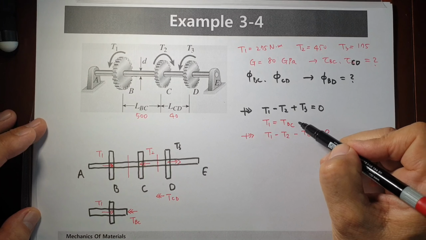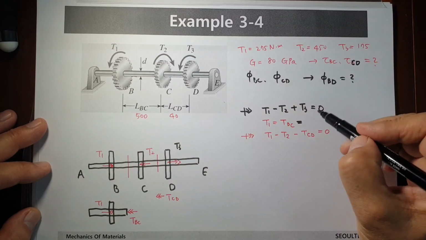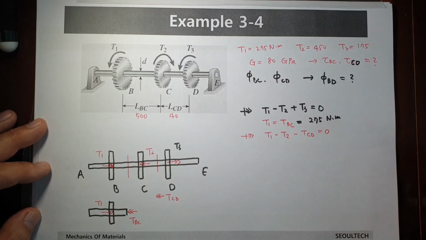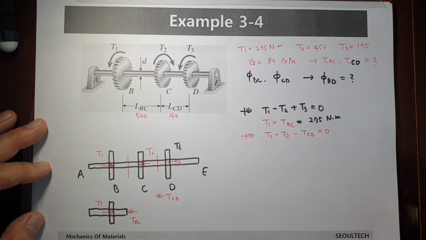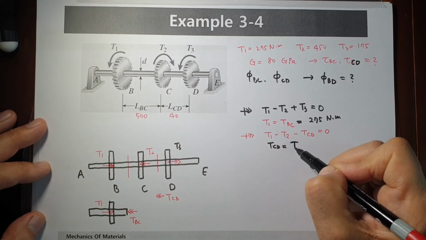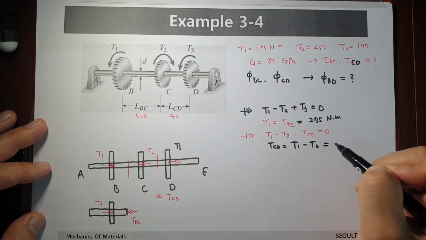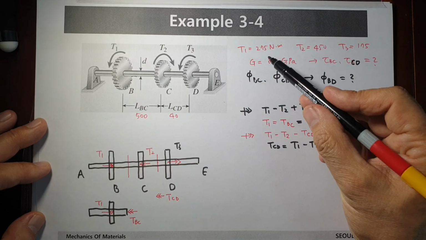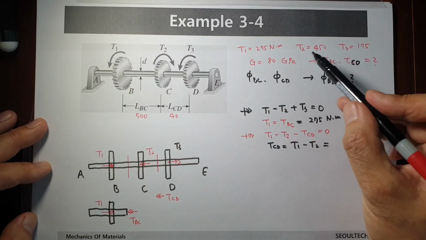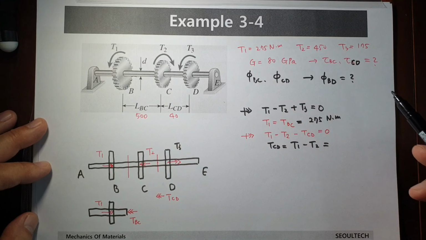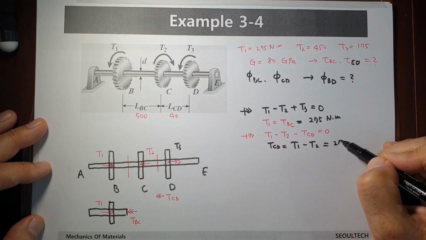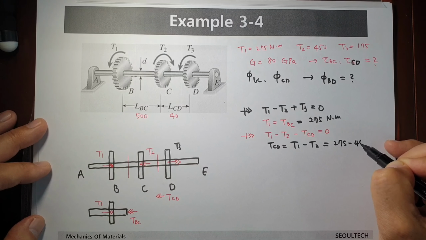Okay, then finally TBC equals T1. T1 is 275 Newton meter. And here TCD equals T1 minus T2, 275 minus 450.